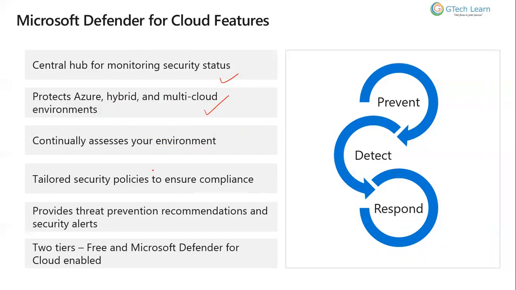If we have a hybrid environment where we are ingesting our on-premises workloads towards Azure, Defender for Cloud gives us protection for that too. And if we have resources and workloads in a multi-cloud environment like AWS and Google Cloud Platform, we can also utilize Microsoft Defender for Cloud to protect those.